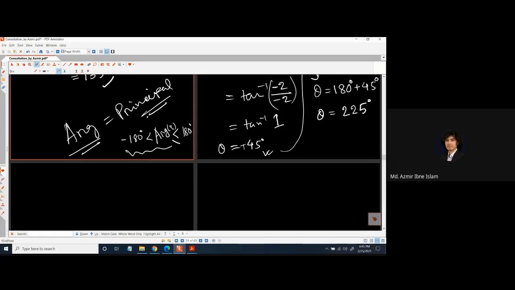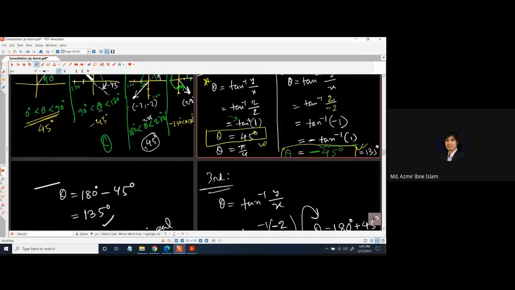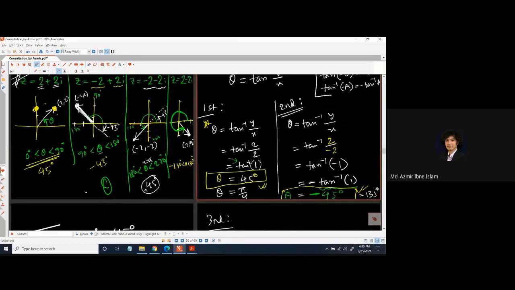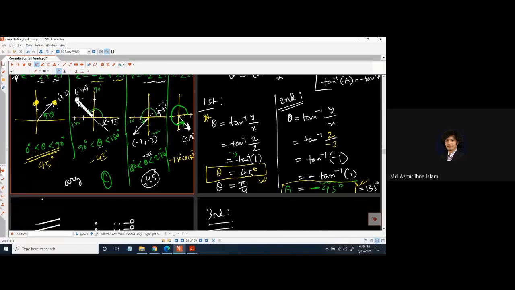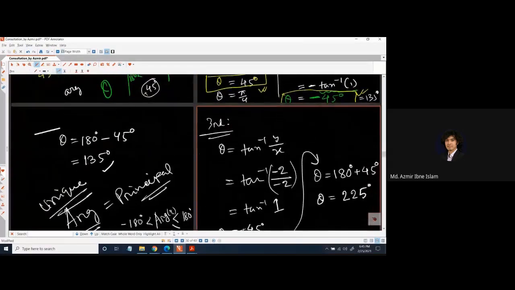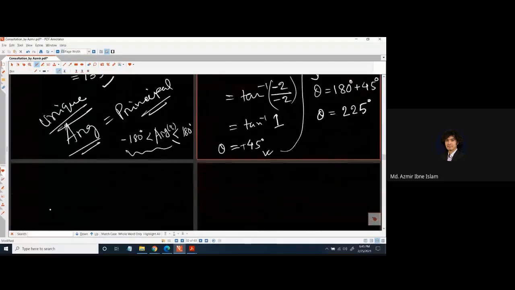That means it is a unique value. But the angle that we have here, theta, that is small arg, can take multiple values. Forget about the principal argument now. We will discuss this one later.